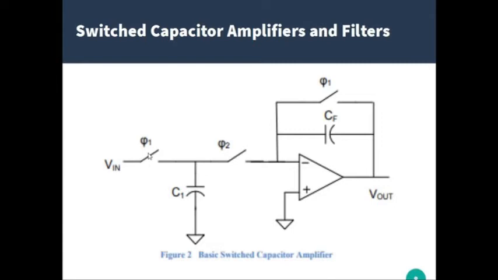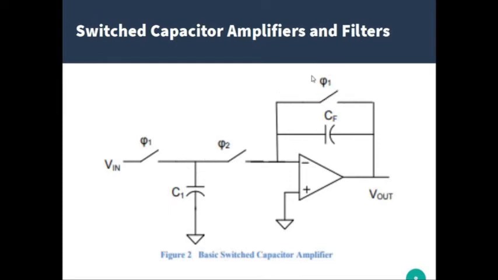At phi sub 1, these switches will turn on. When this switch turns on, C1 will be charged with the voltage equivalent to the input voltage. So if this is 5 microvolts, when phi sub 1 turns on, C1 will be charged with 5 microvolts.